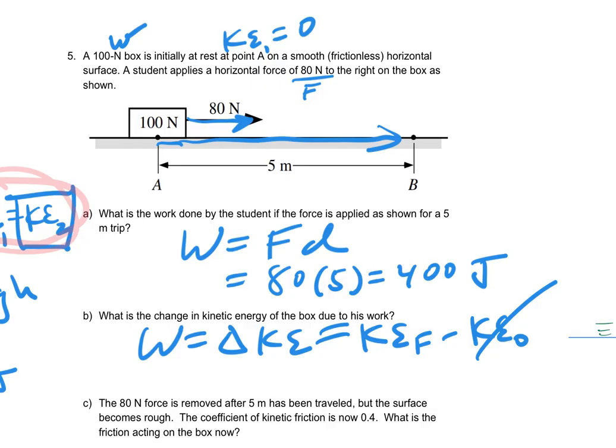I already found the work. So the change in KE is equal to the work, which is the same as what I have up here, 400 joules.